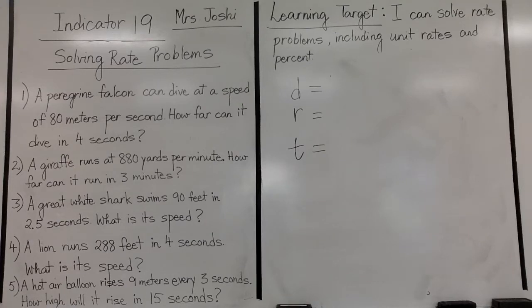Okay, so in 2.5 seconds it is swimming 90 feet. All right, what is its speed? So now we need to calculate the speed of this great white shark.